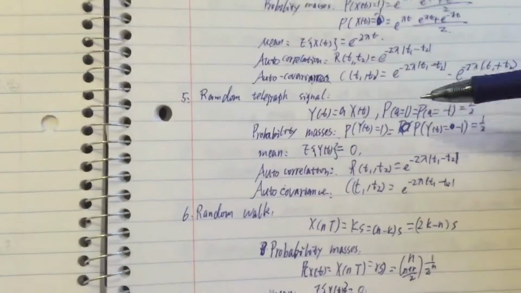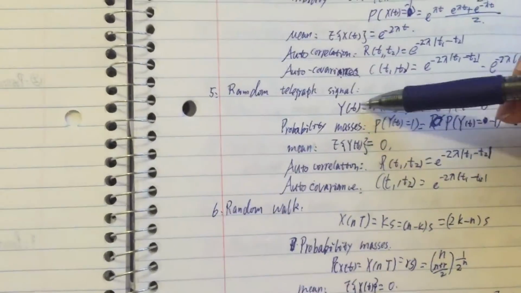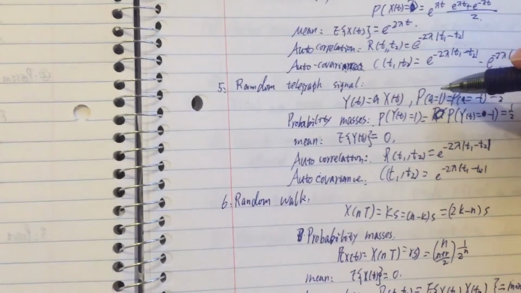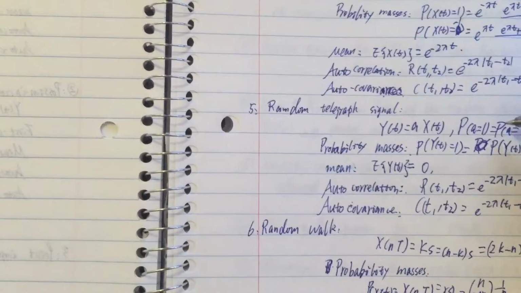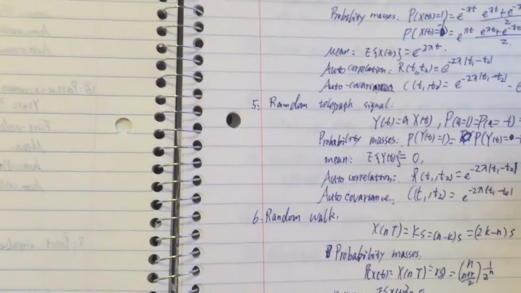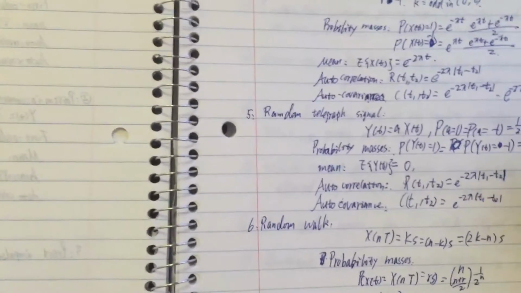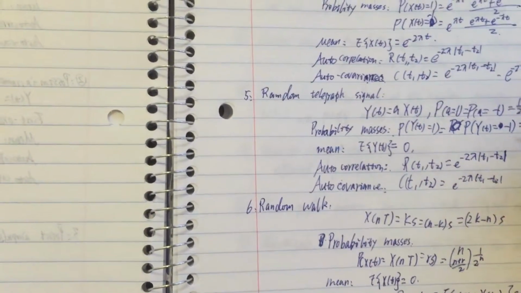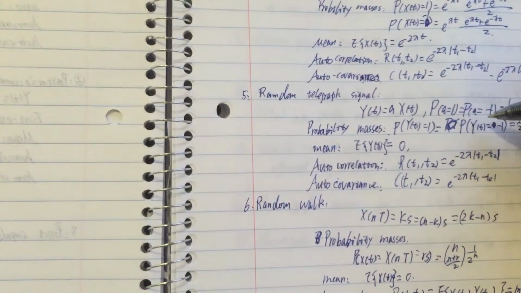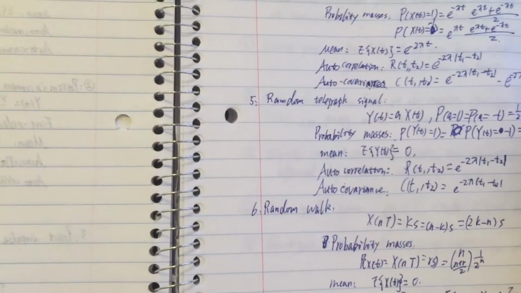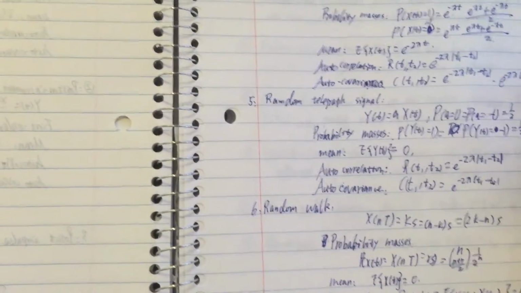So the fifth one is the random telegraph signal, Y(t) equal to A X(t), and P(A = 1) equal to P(A = -1), which is equal to 1/2. And the probability mass is P(Y(t) = 1) equal to P(Y(t) = -1), which is also equal to 0.5.